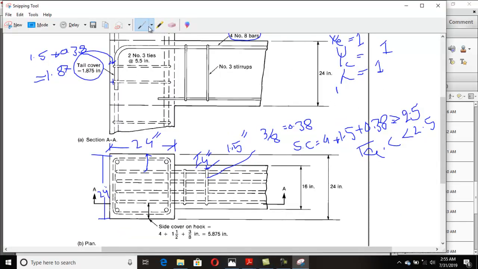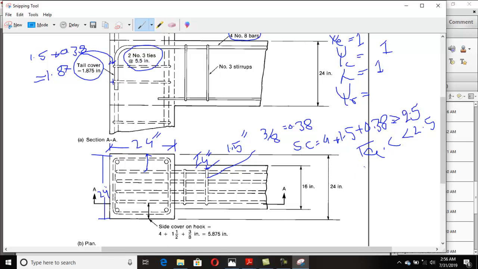Now the question is about psi r. This is the confusing one. What value will we take? If we look at this plan view, this value is a tricky one. It says that there are two number 3 ties, meaning number 3 diameter at the rate of 5.5 inches.